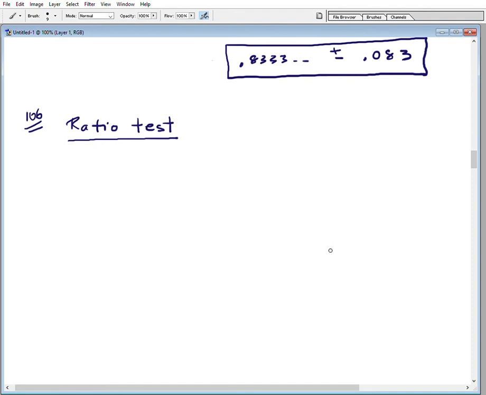Here's the main theorem in the ratio test. So here's what we have. This sum a sub n is a series with terms that are greater than or equal to 0.